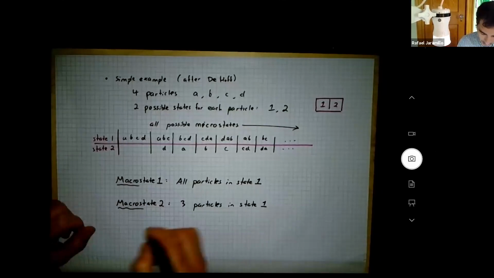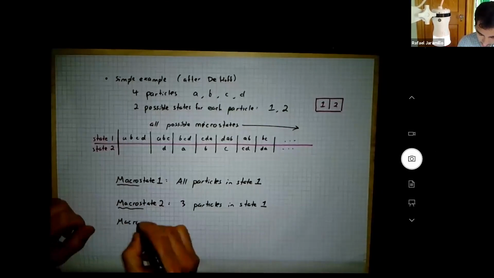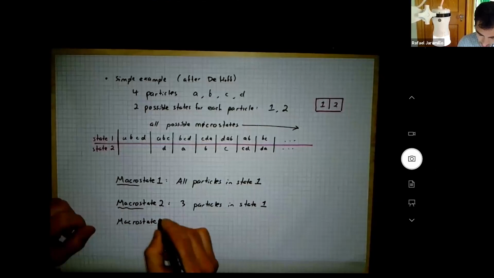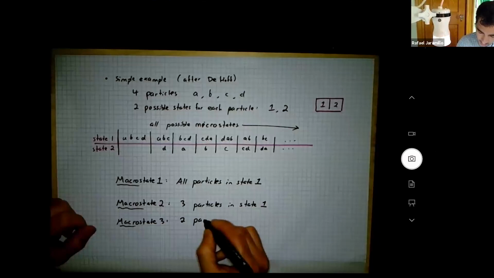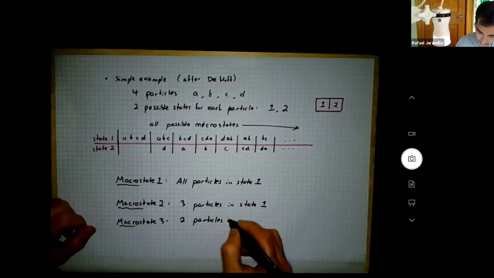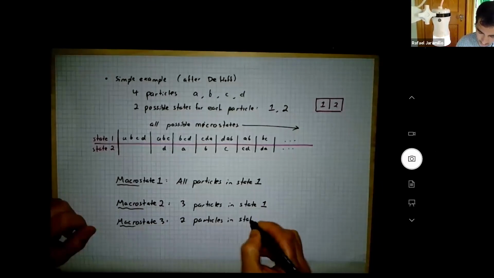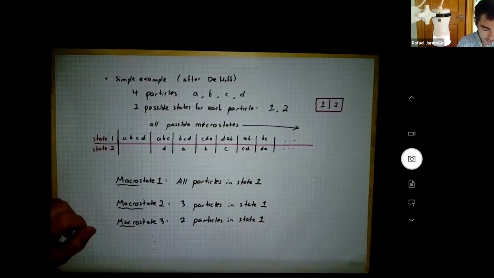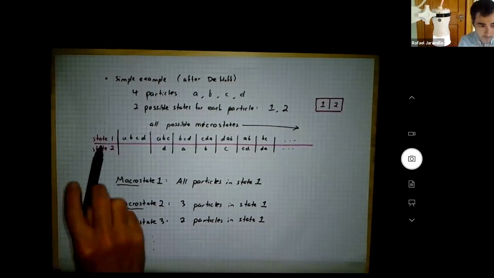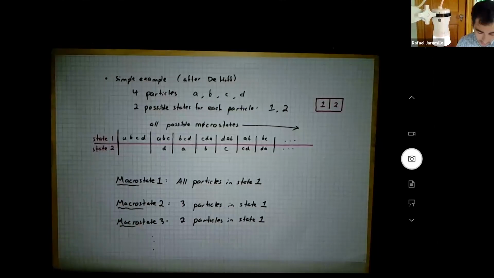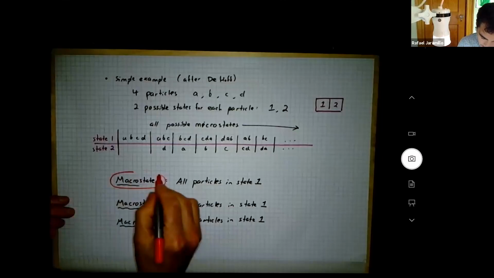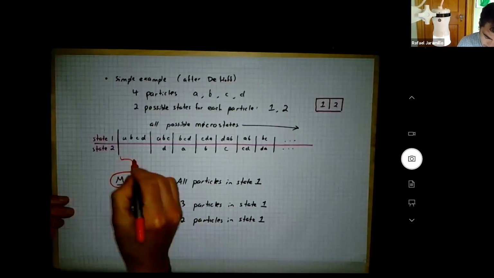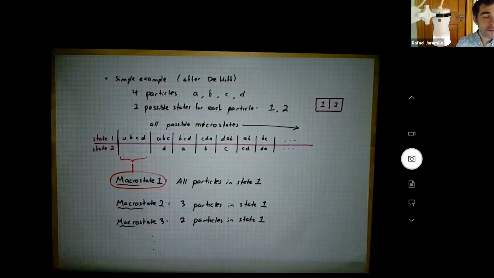All right. Macrostate 3 is going to be 2 particles in state 1. You can continue to delineate these. And now we're going to count. So macrostate 1, how many different microstates are there within macrostate 1?